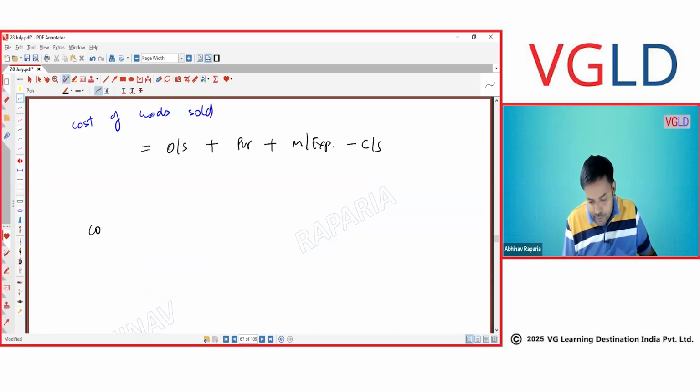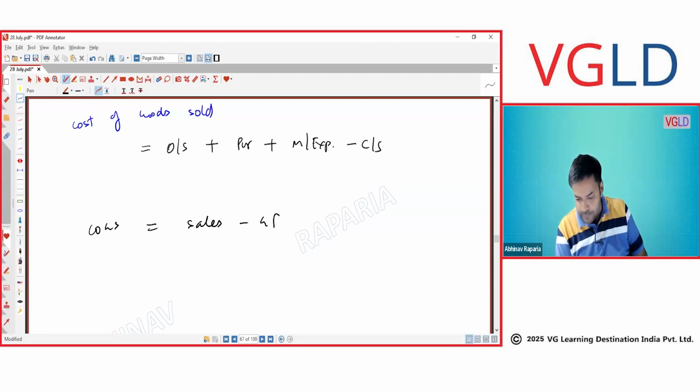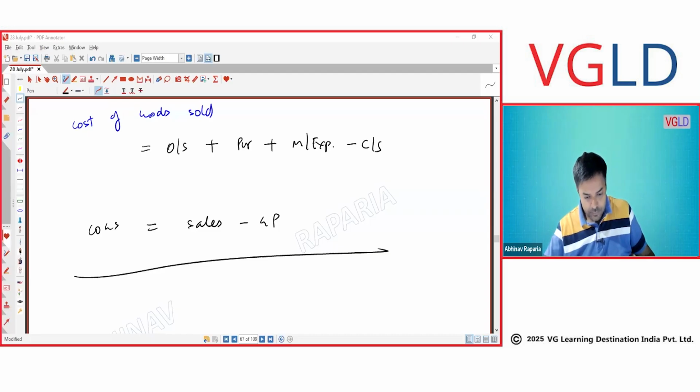Another way of calculating COGS would be sales minus gross profit. This is one of the approaches, guys.